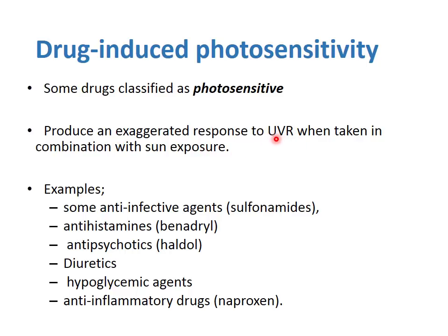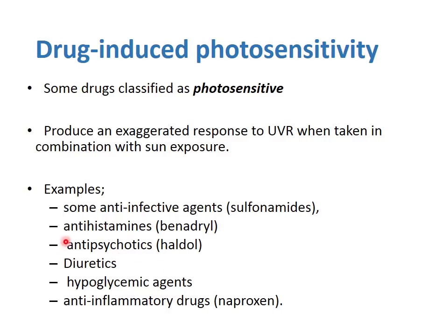Ultraviolet radiation, specifically UVA and UVB. In combination with sun exposure, even for very small moments of time, you can end up having burns. This is where people are on erythromycin, sulfonamide medications, Benadryl. We talked about that in pharmacology. Sulfonamide agents mean that you cannot stay out in the sun very long at all. Same with Benadryl.